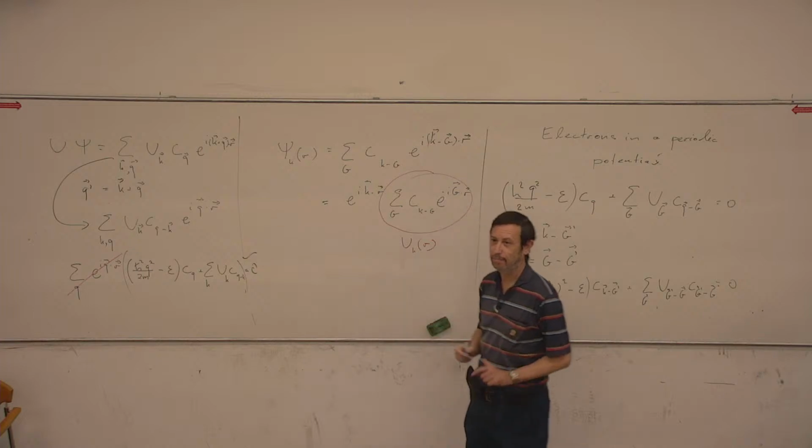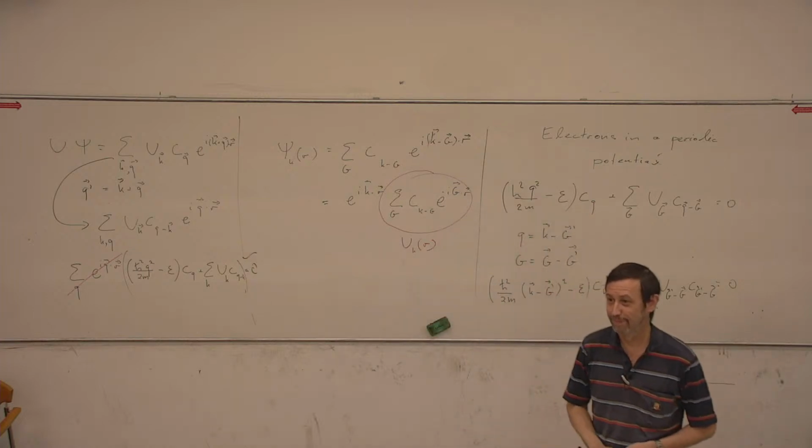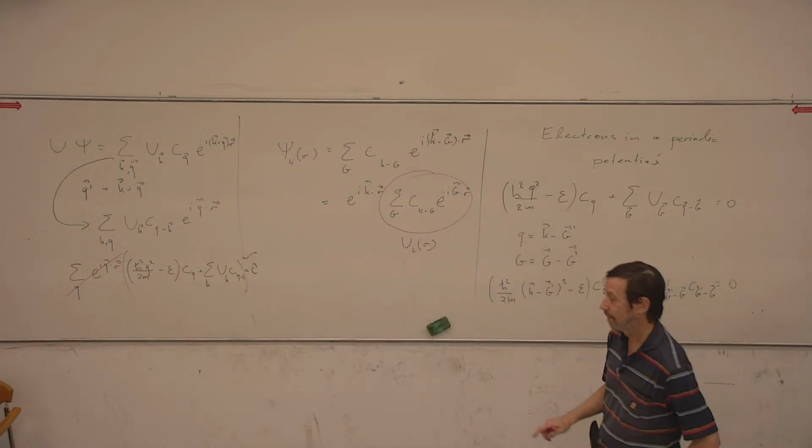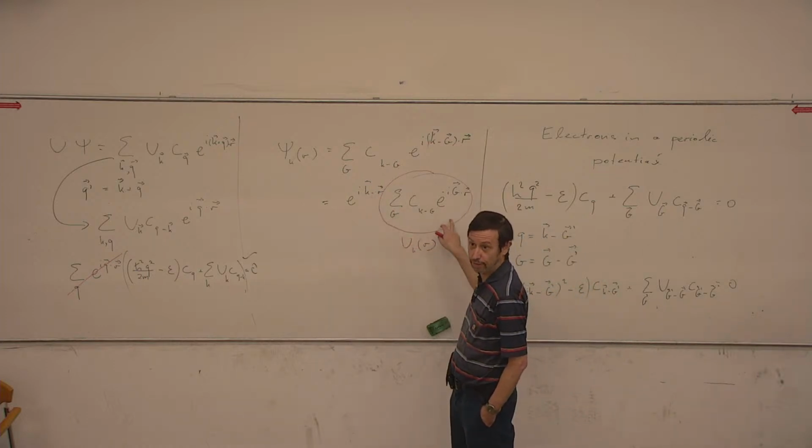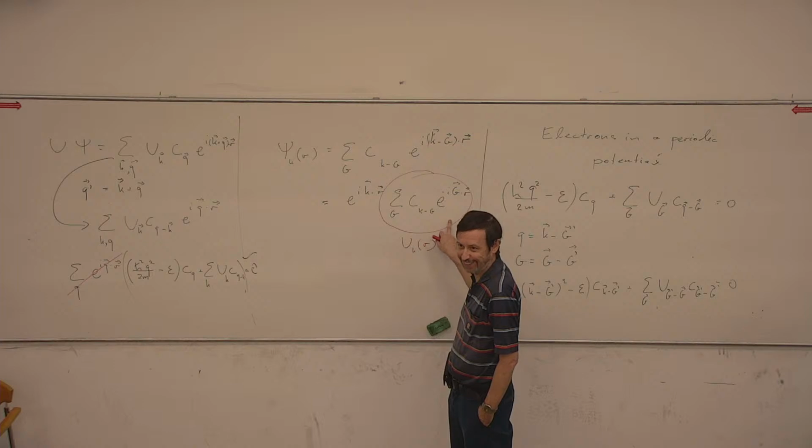Which is exactly Bloch's theorem. e to the power i k dot r times some function. Here I even gave the form of this function.